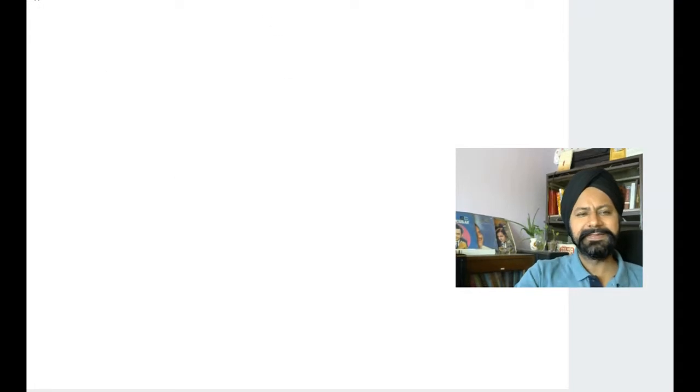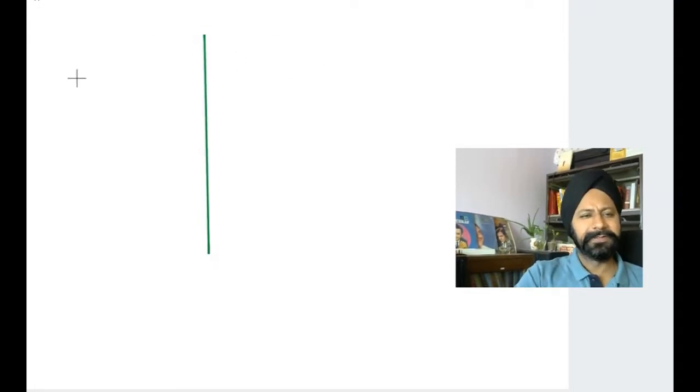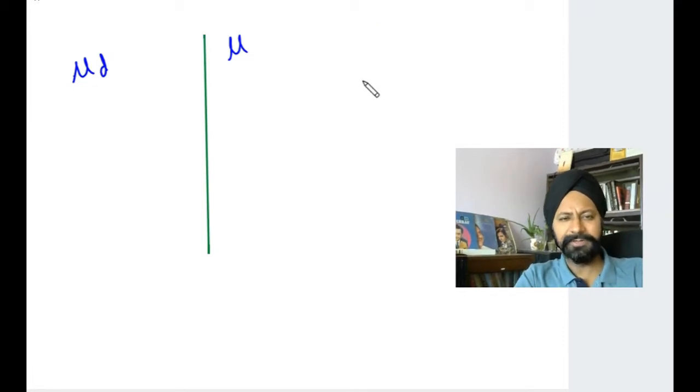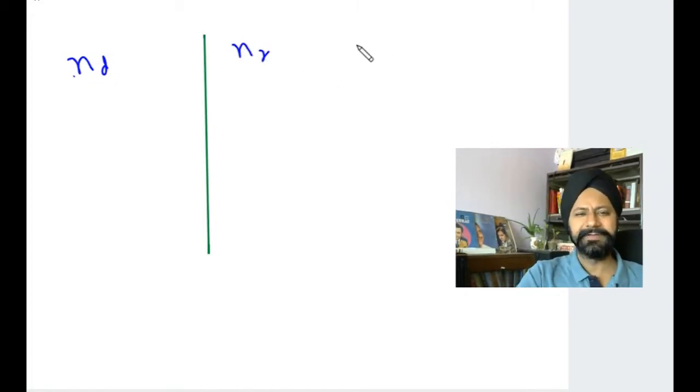So let's say in this case, the light is going from denser to rarer. So this is mu d and this is mu r. So again, going by the same logic, mu d, I don't know why I keep switching between mu and n here, because I love that mu symbol somehow. But then I started with n here, so I'm going to stick to that.